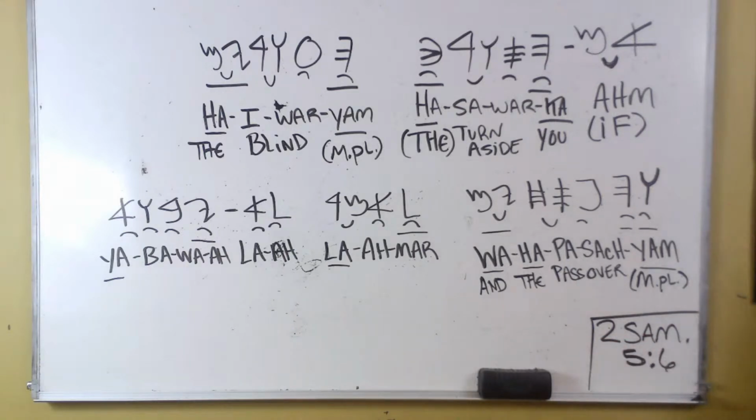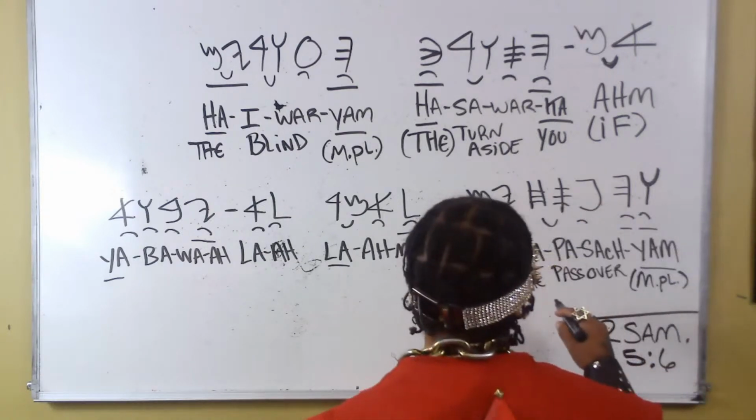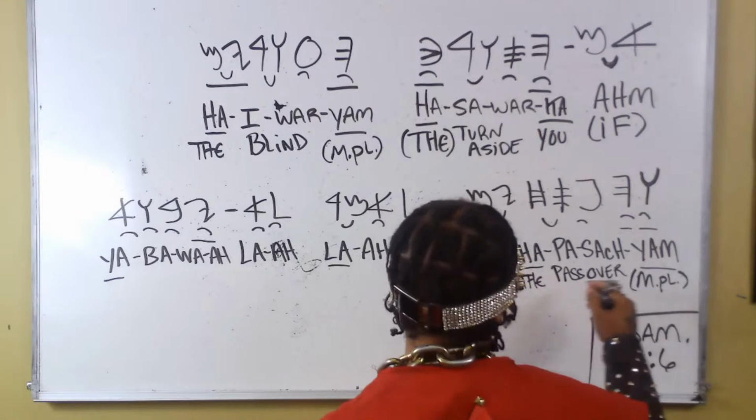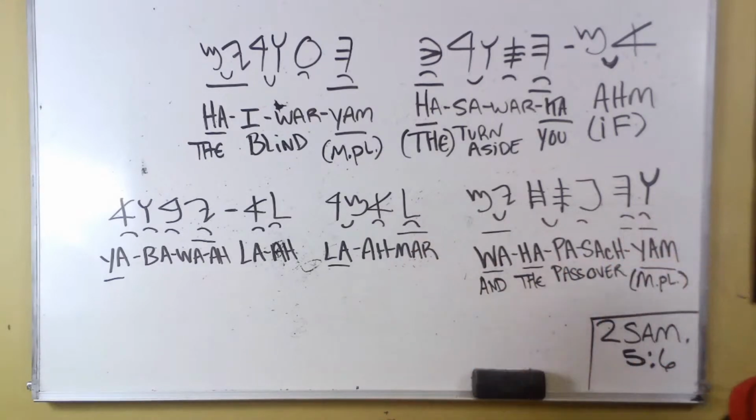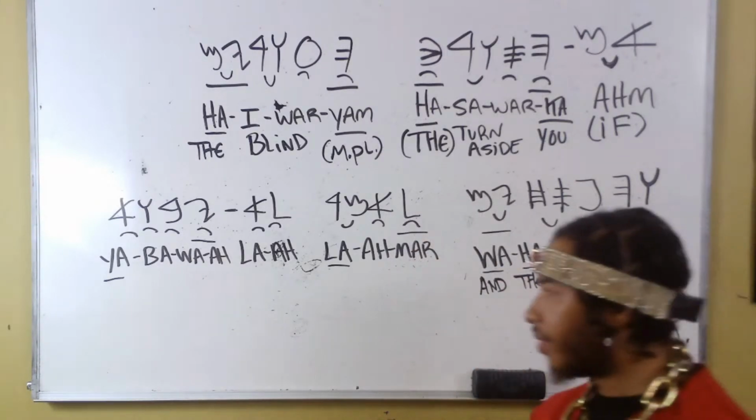So you've got if, ha savorka, turn aside you, if you turn aside, ha I warrior, the blind, waha pasak, and the Passover, la amar, right?